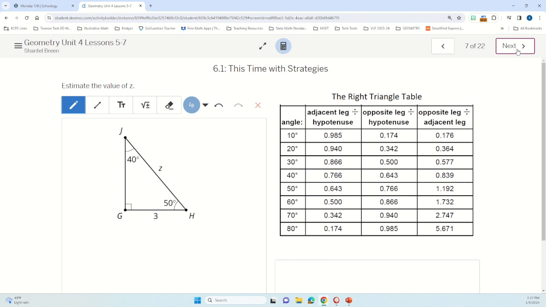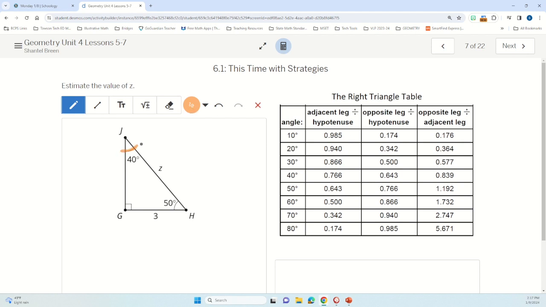So in lesson 6, they're giving us 2 angles, and we're looking for the hypotenuse. So now we're going to be missing the hypotenuse. We're going to use the information on the table just like we did. However, for this one we have to be really careful, because depending on which angle we're looking at, the adjacent and the opposite are going to be different.